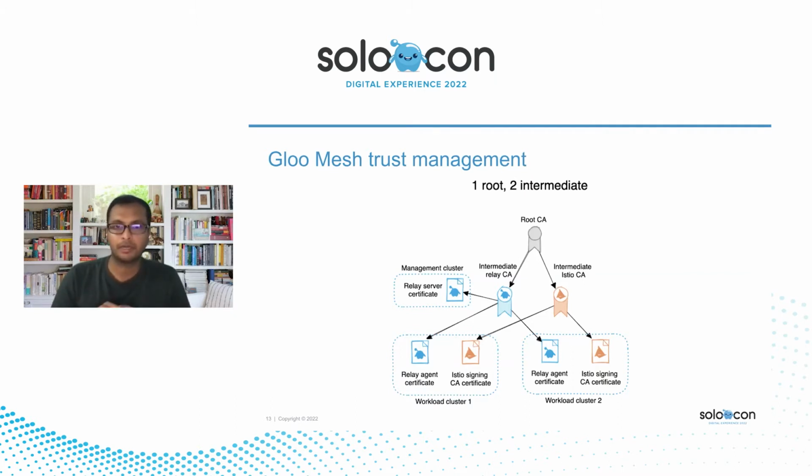So in Gloo Mesh, there are multiple kinds of certificates. And depending on how you have configured it, we can automate some of it or all of it, right? So two primary certificate systems in Gloo Mesh are one that is being used for relay.